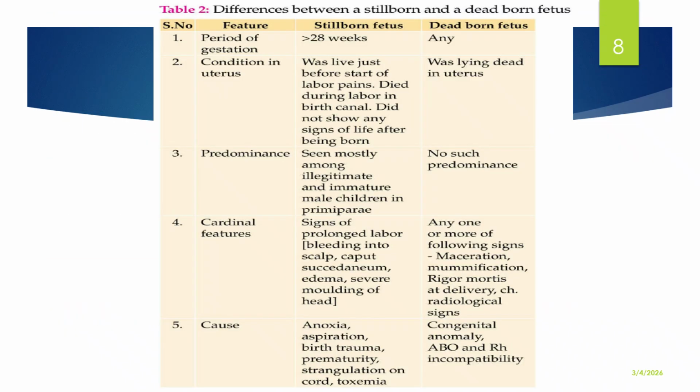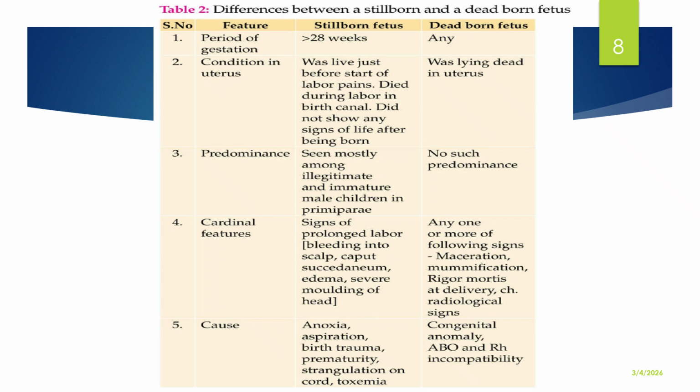Next, we'll see the difference. What is the difference between a stillborn and a deadborn fetus? In stillborn, the period of gestation has to be more than 28 weeks, whereas in deadborn, the period of gestation can be at any time in utero.